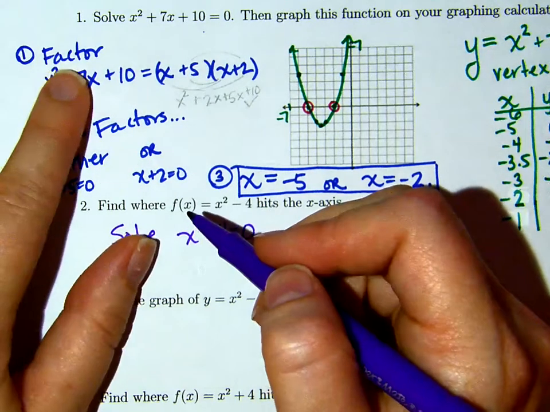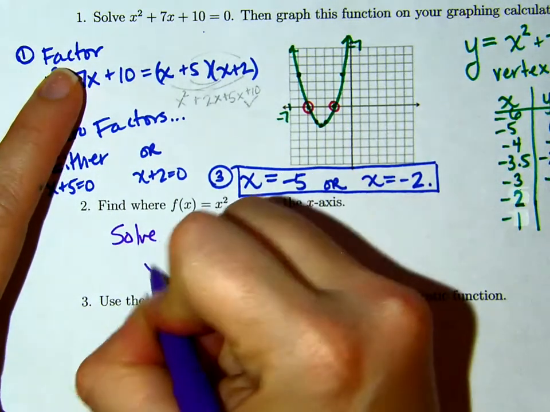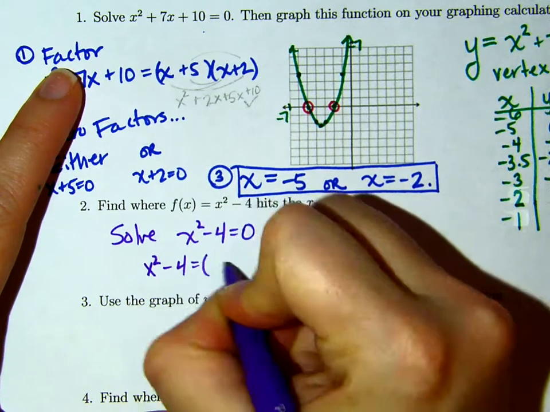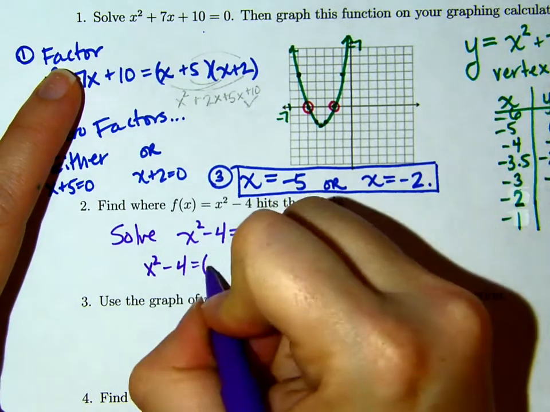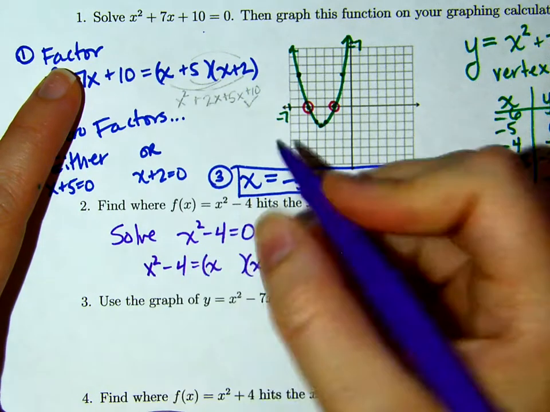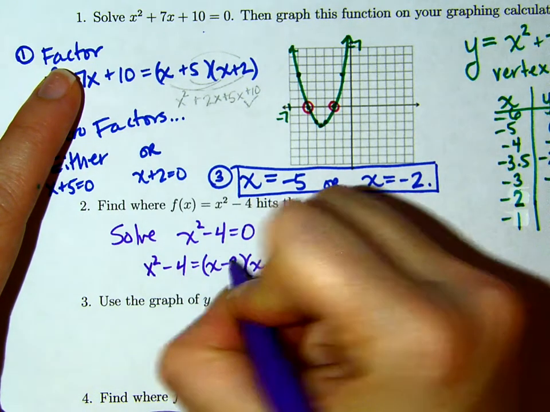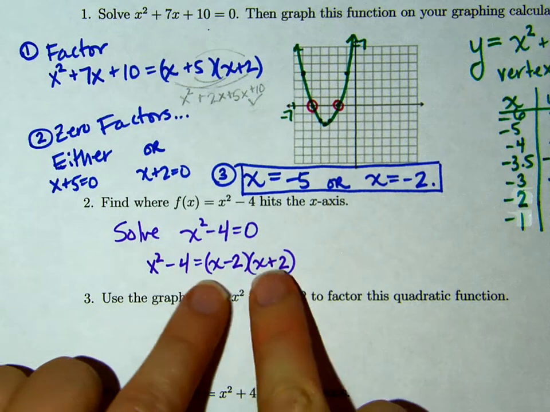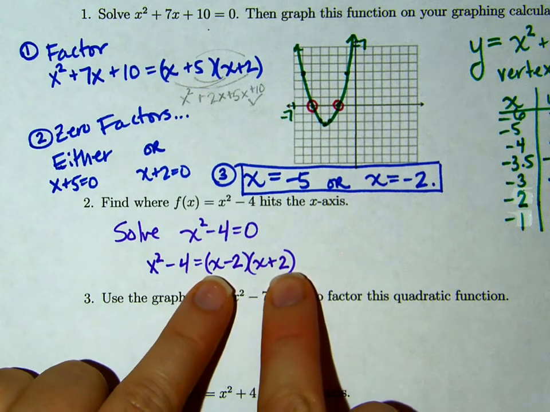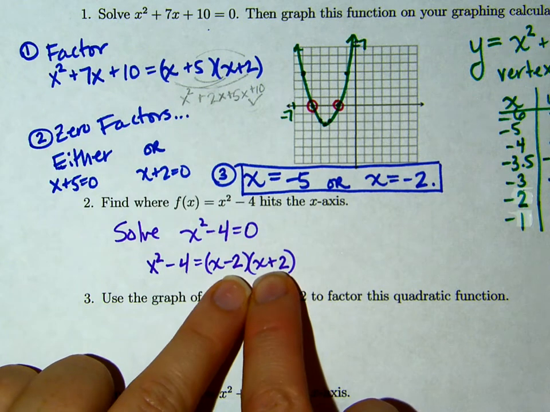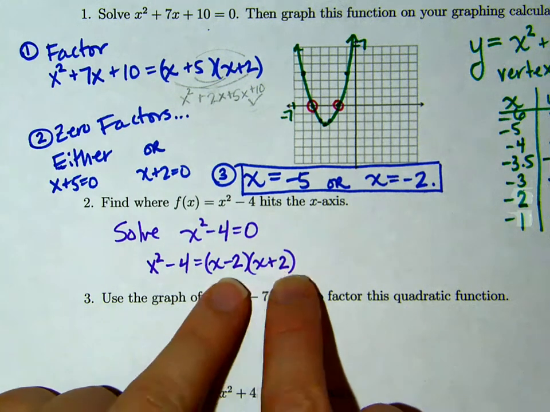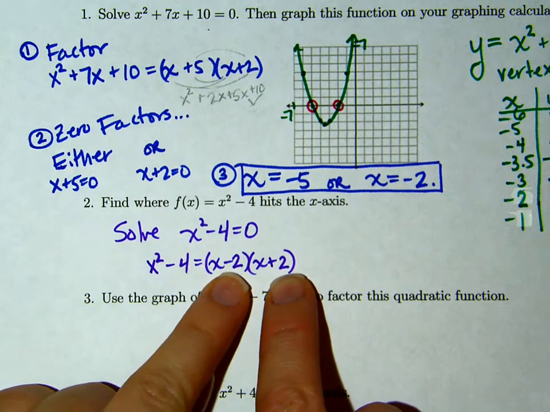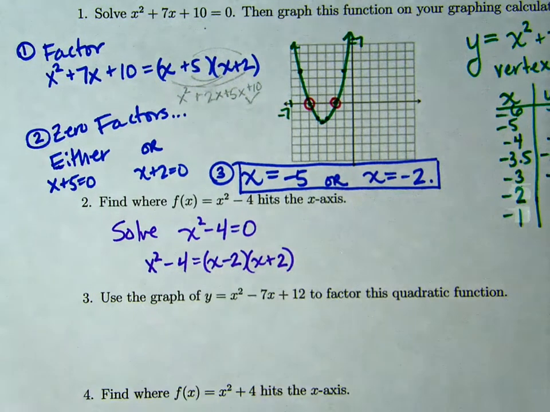So step 1, factor. X by x makes x squared. Negative 2 times positive 2 makes negative 4, and double check. X squared plus 2x's minus 2x's, no x's, and then negative 2 by positive 2 is negative 4, so yes.